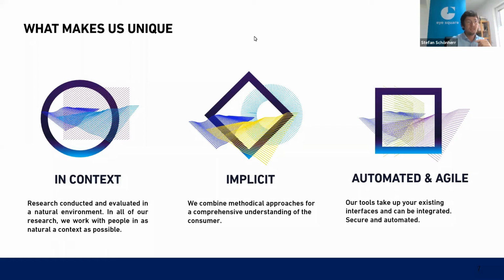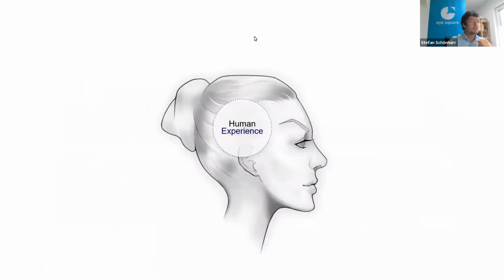And we are automated and agile. That means that our tools are available for online testing approaches, that our tools are using interfaces, that they produce automated test results and can be integrated in already existing systems. And we as media psychologists, we work, of course, model-based to explain what we call the human experience.